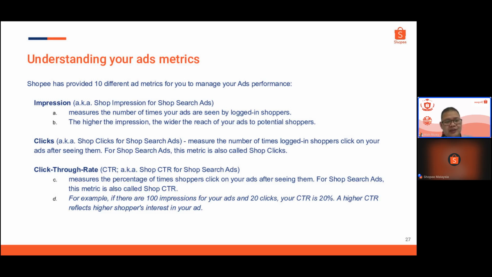But for me, the important thing is CTR. CTR is how many people click a product. For me, at least 1%. Let's say 1% is already something. Let's say you can go to 5 or 10.